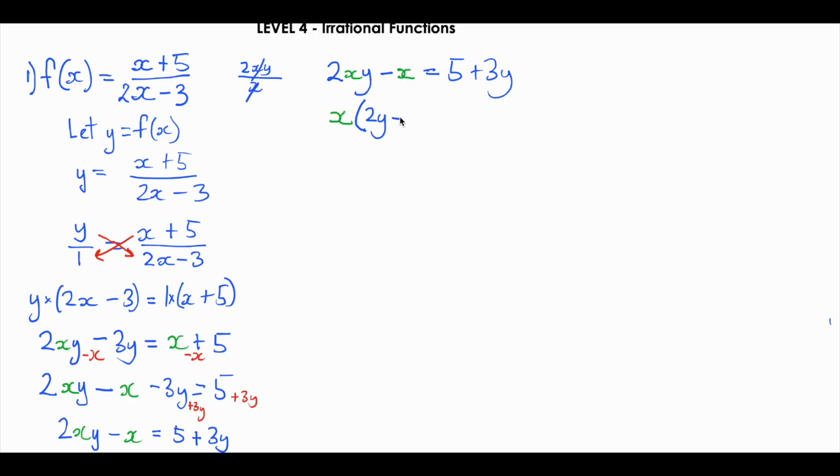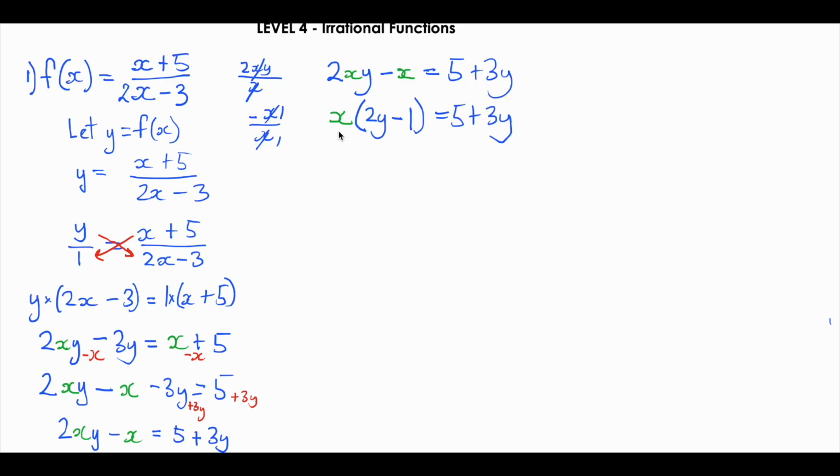Likewise, minus x divided by x, x into itself goes once, but because we have minus, you'll have minus 1. That's how we get this part, which is equal to 5 plus 3y.